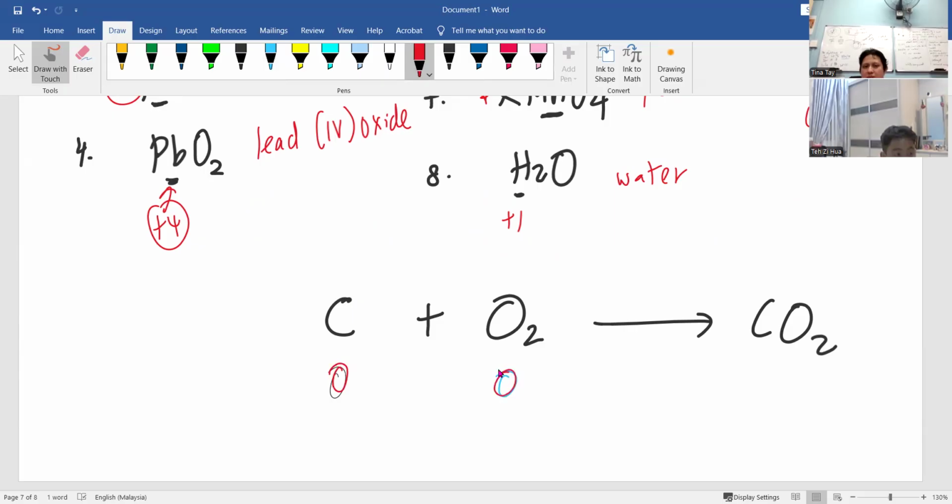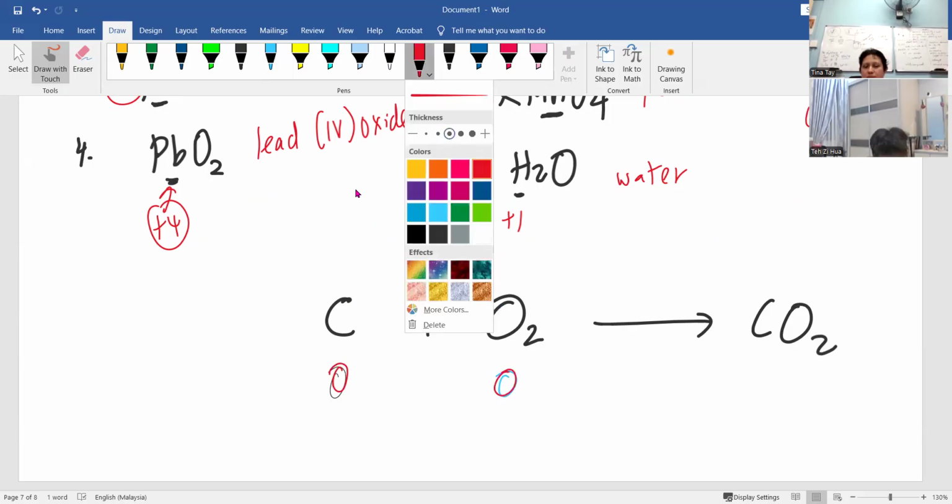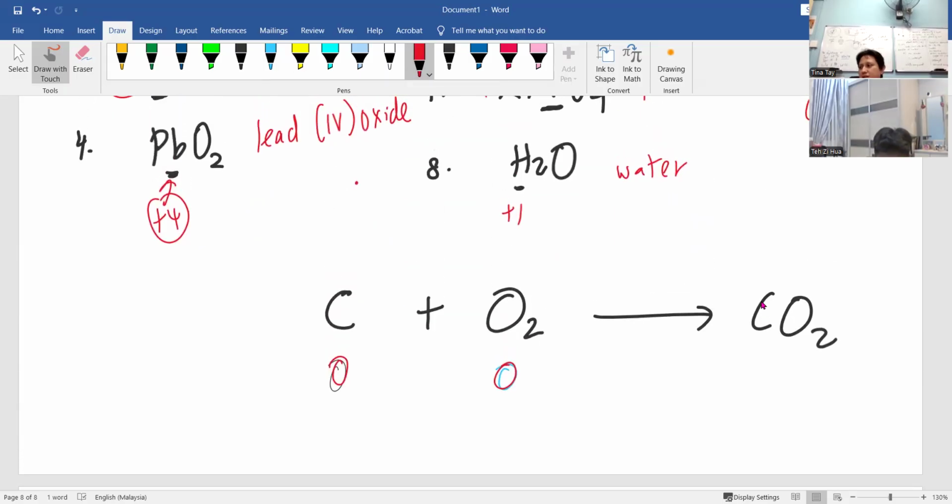This one is positive 4, right? This one is negative 2. Correct or not?